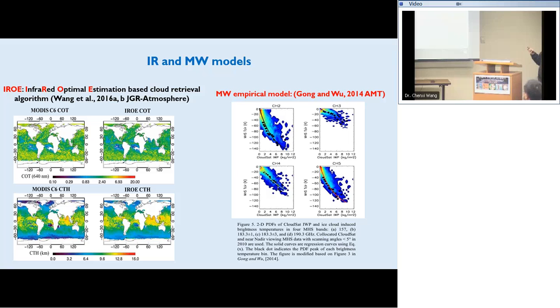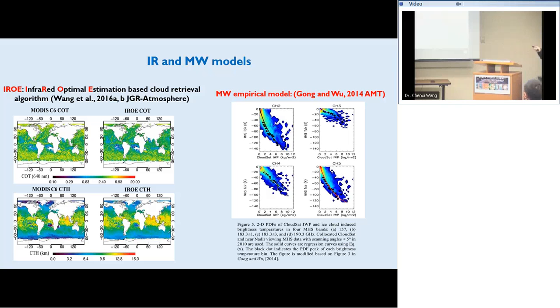We have applied this method to global MODIS data. Here you can see the comparison between the MODIS standard product and our retrieval. They are very consistent. This is one month of COT, and here is cloud top height.